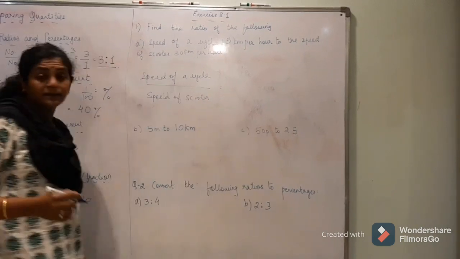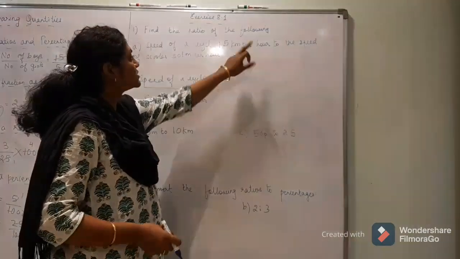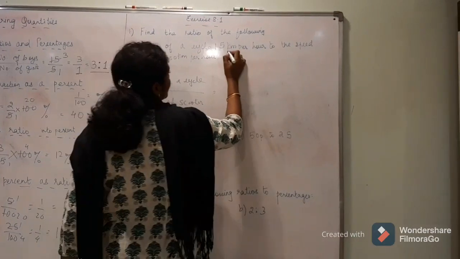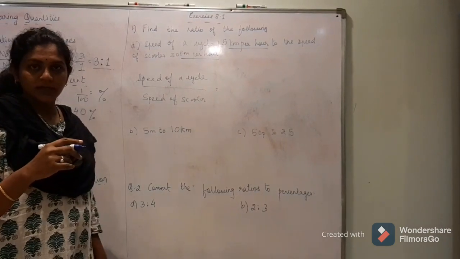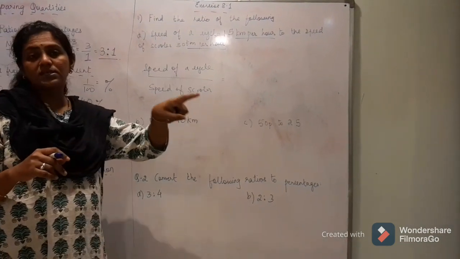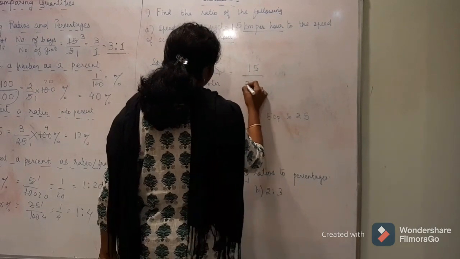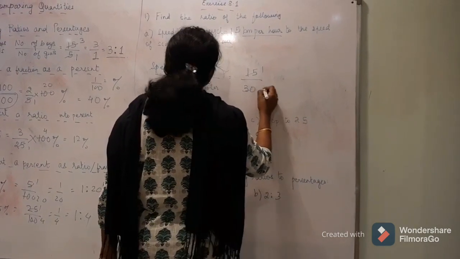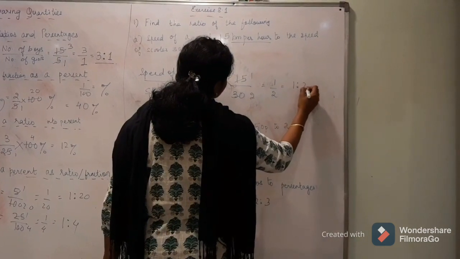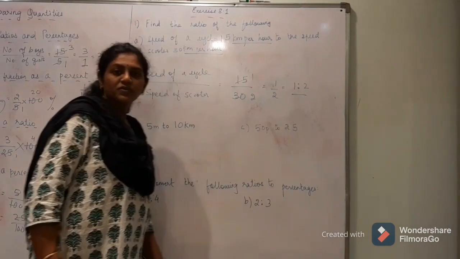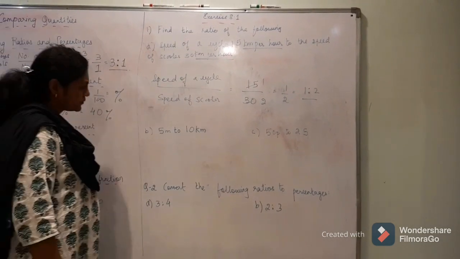Whenever you are finding the ratio, you have to keep one thing in mind, both units must be the same. अभी यहाँ पर भी किलोमीटर पर आवर है और यहाँ पर भी किलोमीटर पर आवर है, तो दोनों के यूनिट सेम होने चाहिए, आपको ध्यान रखना है. So it is 15/30. If I cut it, it is 1/2. It is 1:2. Right? So ratio is 1:2.